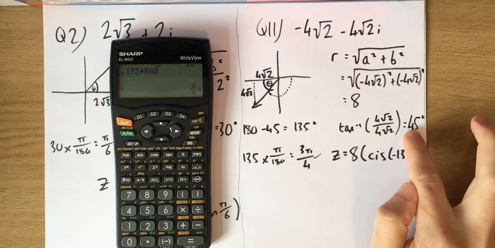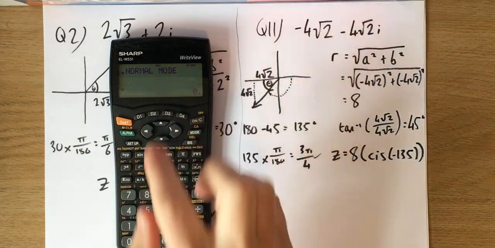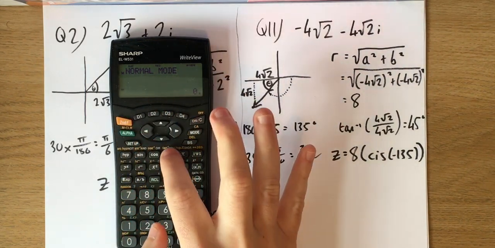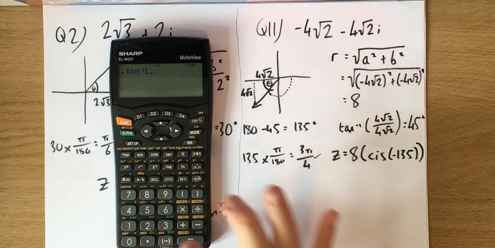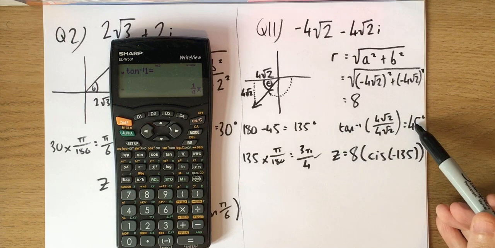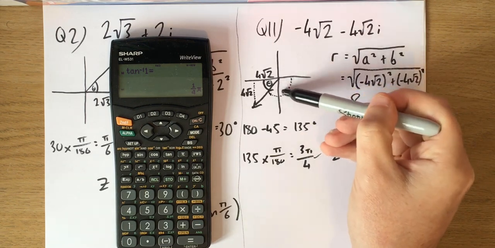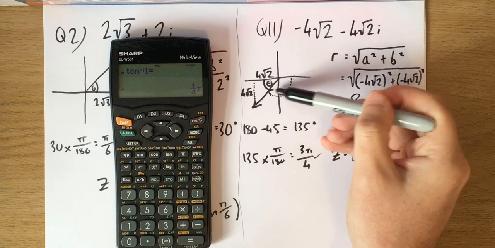Or you could go all the way back to here and do it in radians mode. So I'm in radians mode now. So second function tan inverse of 1 is 1 over 4 pi. So this would be 1 over 4 pi. Remember, 180 degrees is pi radians.